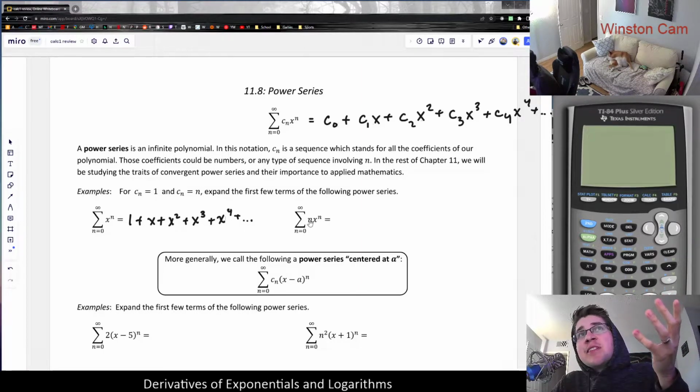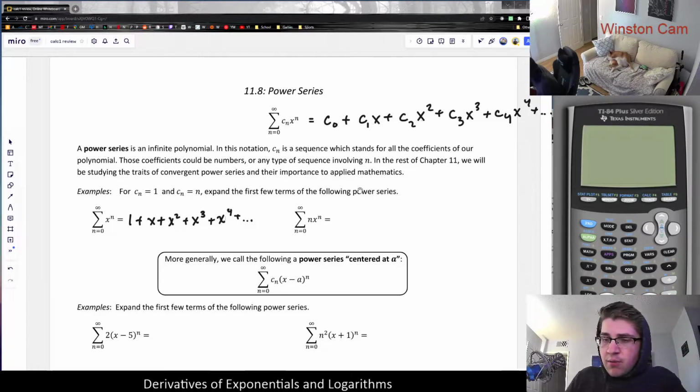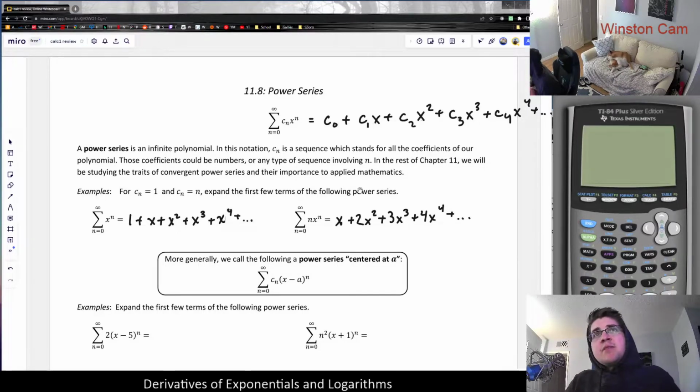In this case, I would get 0 x to the 0, so the first coefficient would be 0. Then the coefficient on the x term would be 1x to the 1, 2x squared, and so on. So we could write out the first few terms of this expansion. We'd have x to the first power plus 2x squared plus 3x cubed, and so on.